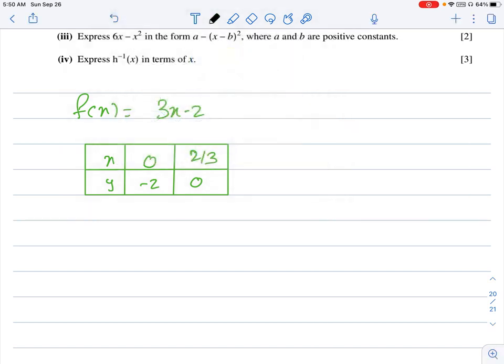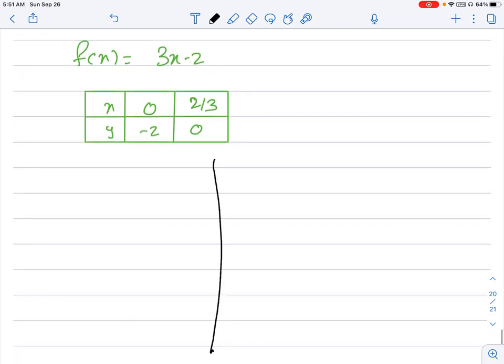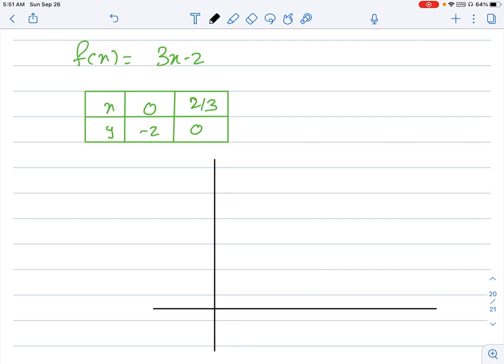So what am I going to do? I'm going to draw an x-axis and y-axis. So 0, x, positive y. If x is 0, y is negative 2, maybe over here.